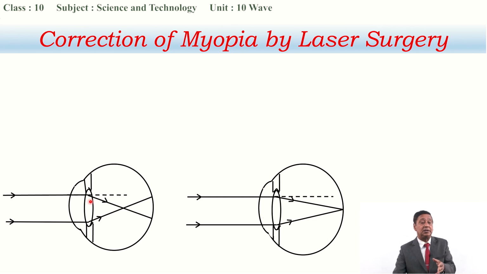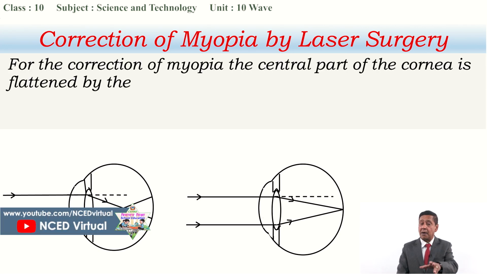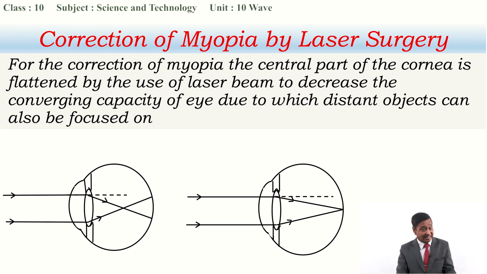Because of this, the converging capacity becomes less and the image falls on the retina, behind the previous converging point. If you have to write somewhere, you can write this way: for the correction of myopia, the central part of the cornea is flattened by the use of a laser beam.